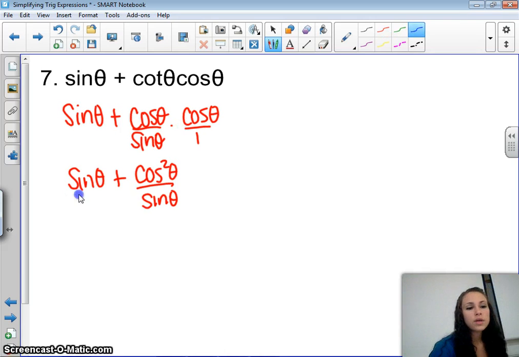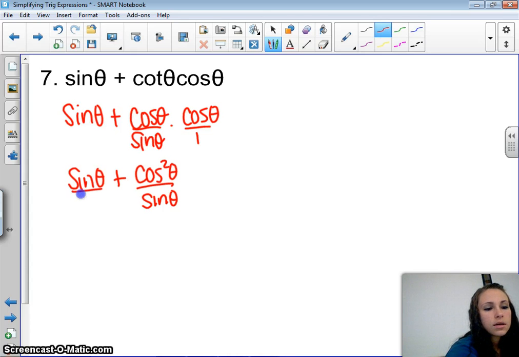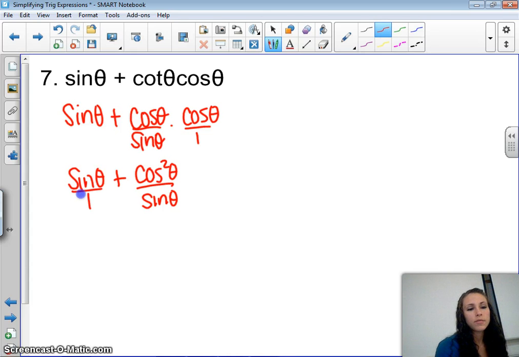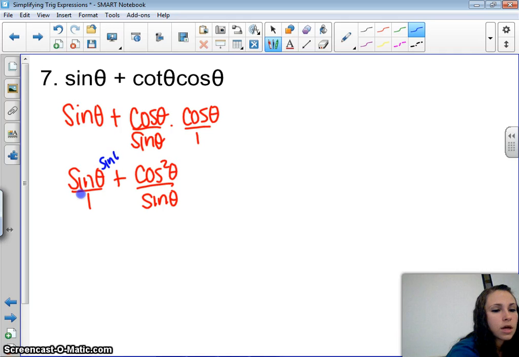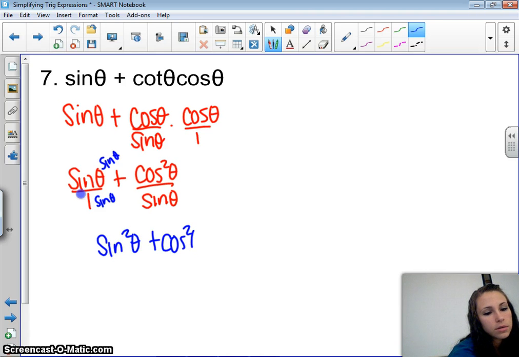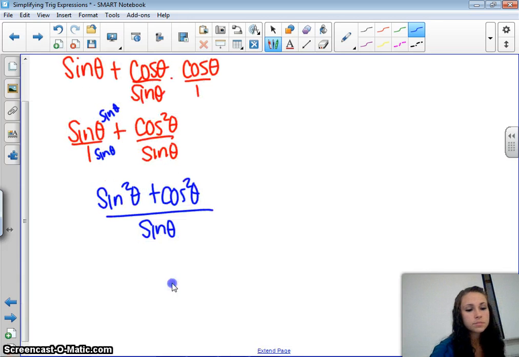Now, I've got two things. This sine has a 1 in the bottom of it. And so this gives me two things that I can get a common denominator with. And so I'm going to go ahead and get a common denominator. And so across the top, that's going to give me sine squared plus cosine squared over my common denominator, sine.